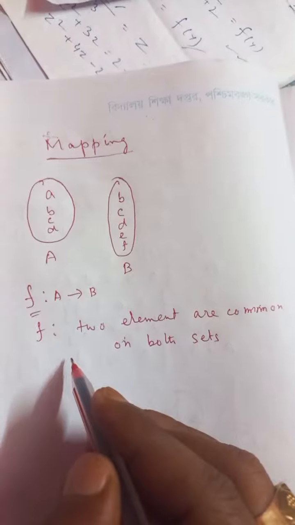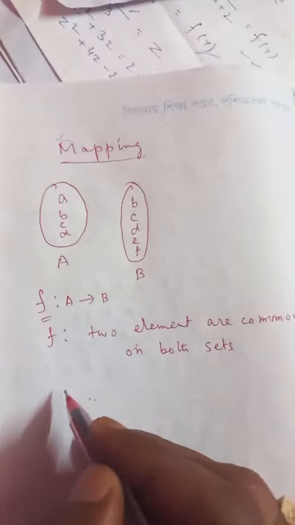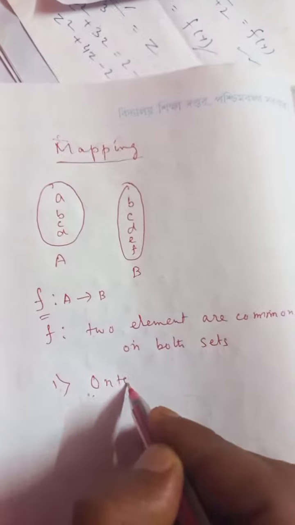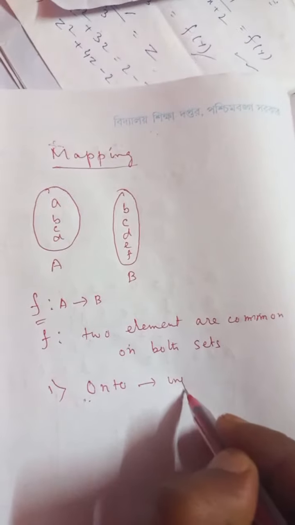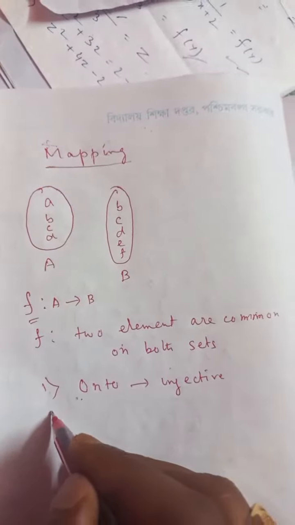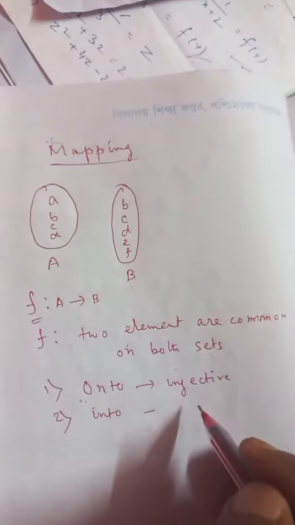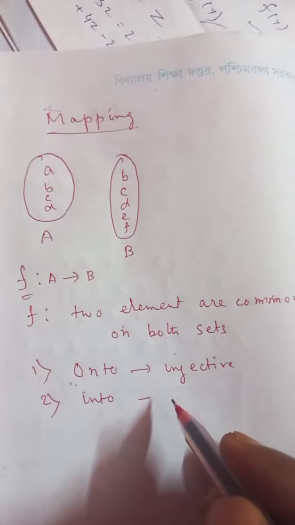So here this type of mapping can be of various types, like one is onto, or surjective, and one kind is into.